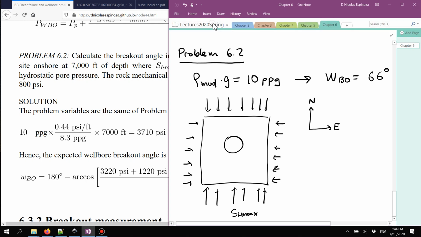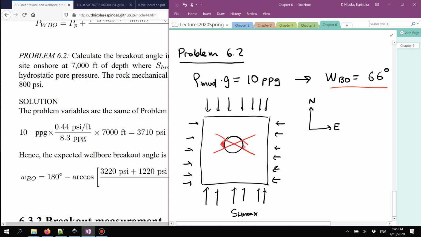As a result, as I have calculated in this case, my breakout angle is going to be 60 degrees, which is going to mean that I'm going to have breakouts which are 66 degrees wide in these two locations.